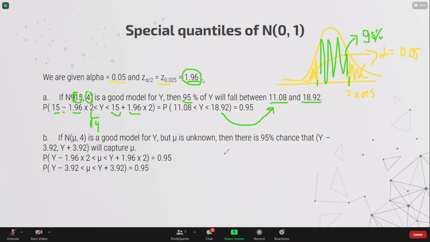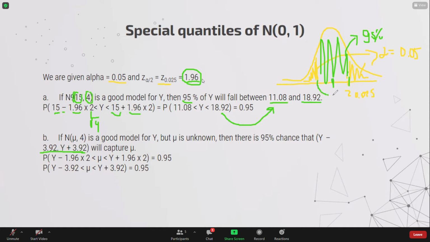If you have another type of exercise, where we're not given the mean, we have to find it. But it's also easy because we know the formula that consists of y minus the number plus y plus the number that we have. And we know that this interval, for sure, includes the mean, because the mean is always in the middle.